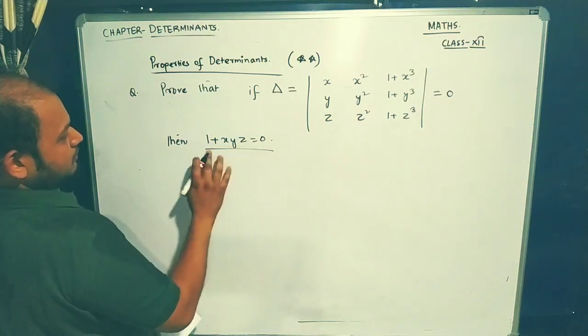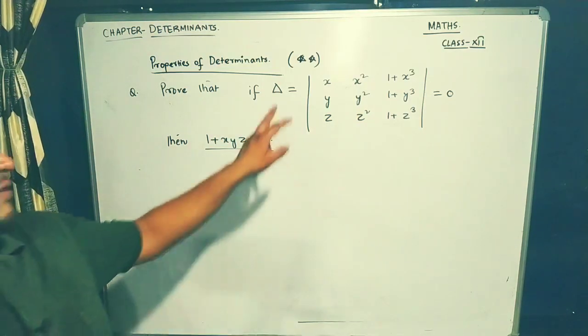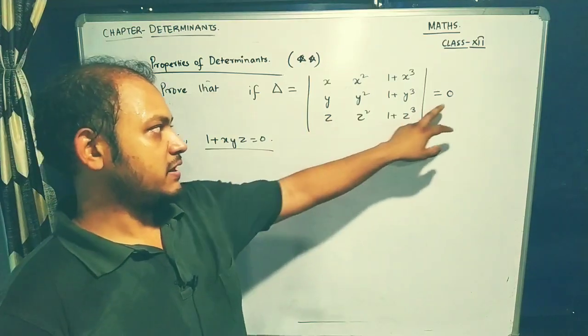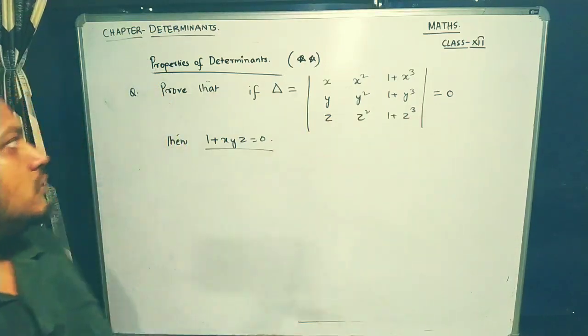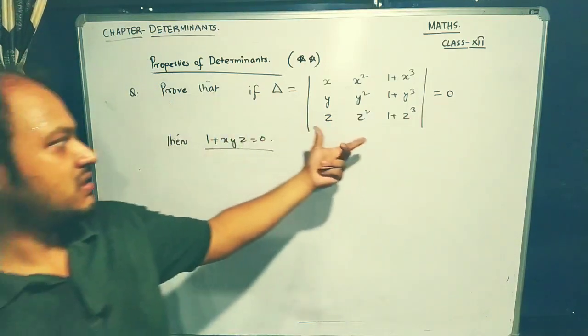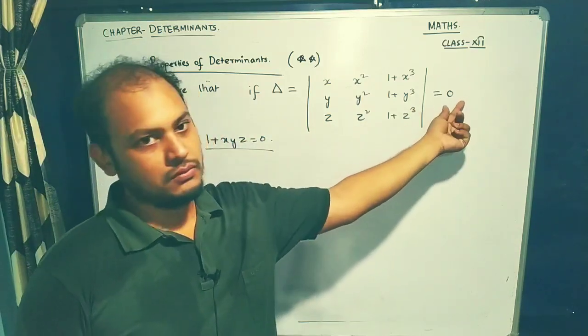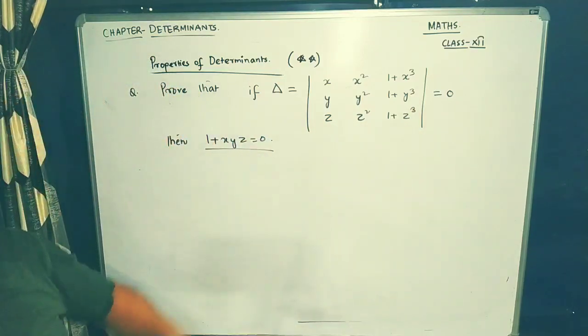You have to prove that 1 plus xyz is equal to 0 if delta is equal to this determinant and this determinant equal to 0. So it is clearly giving you a condition that this determinant is equal to 0. So prove that 1 plus xyz is equal to 0.